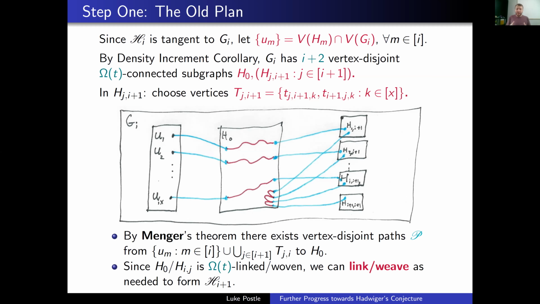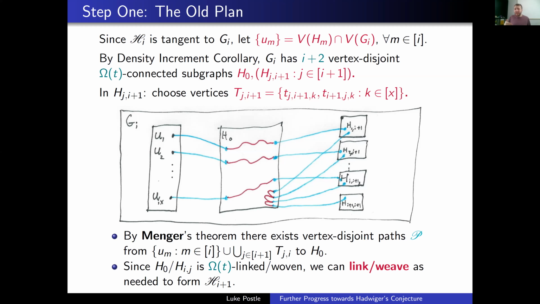Inside of H0, you're decently linked, so you can link up the U's to where they need to go, their new adjacencies that they need in each of the small subgraphs. And the new parts we're making, that's depicted on the bottom there, you just link up each new part so as to make sure it has all the necessary adjacencies. And these are not depicted here because it makes the picture too complicated.